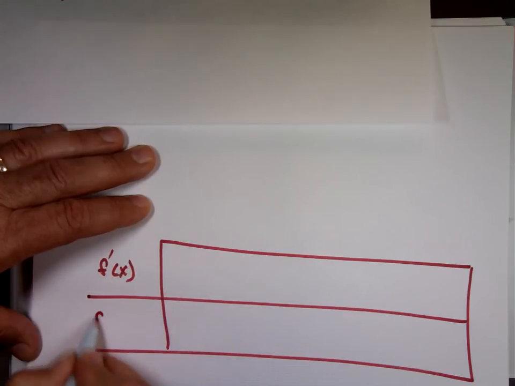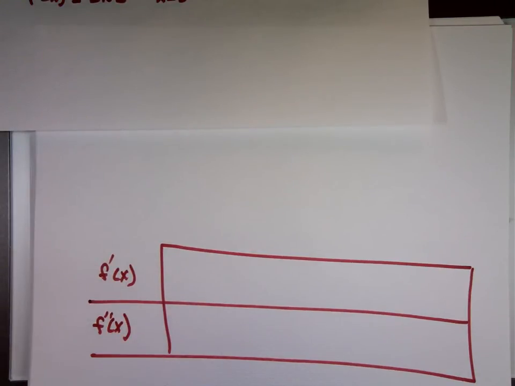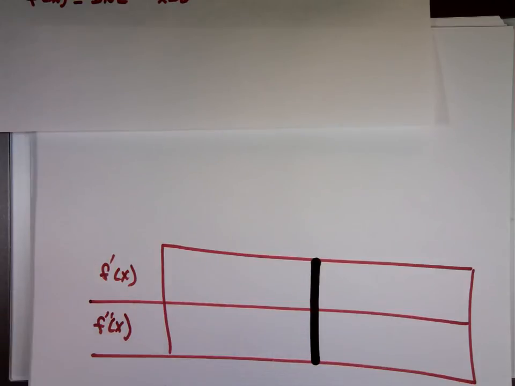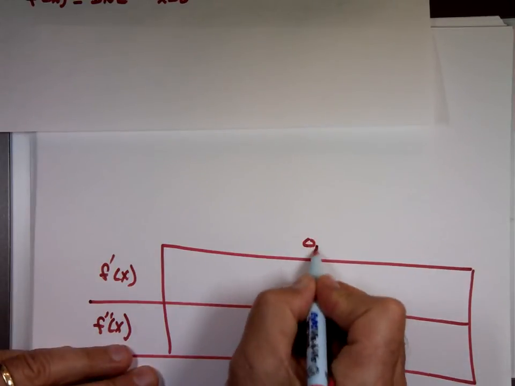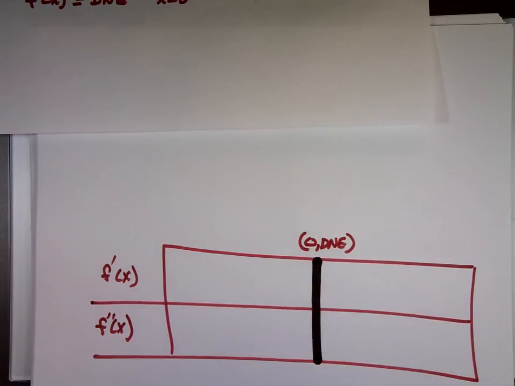So to make sure you remind yourself that x cannot be 0, I always take a thick line where I can't miss it, and I write 0, DNE, does not exist. The function does not exist. That's a vertical asymptote. It's not a min. It's not a point. The function has a hole in it there. And actually, I'm jumping ahead to graphing.